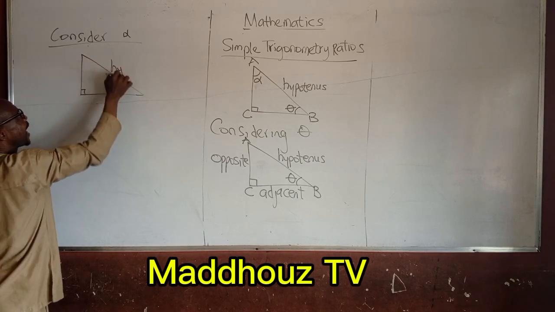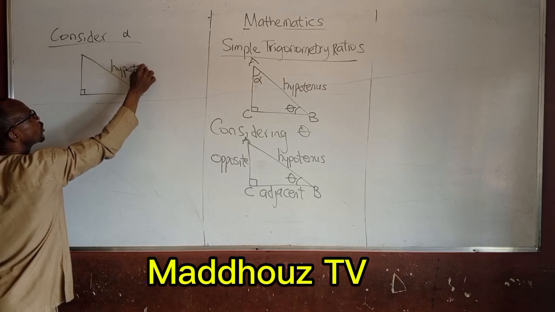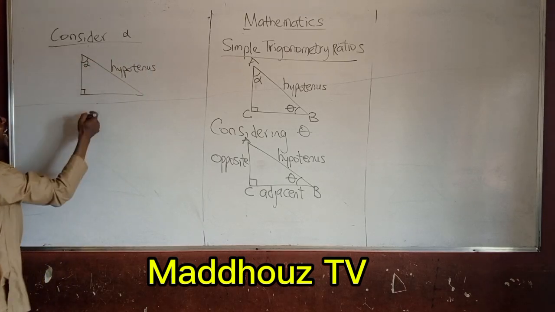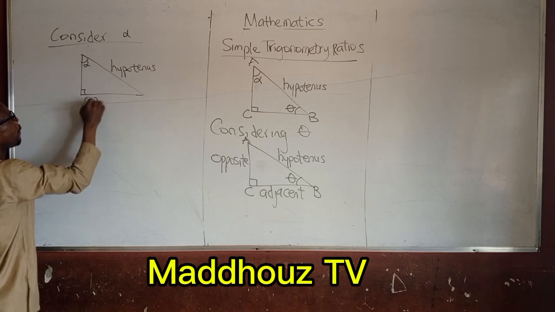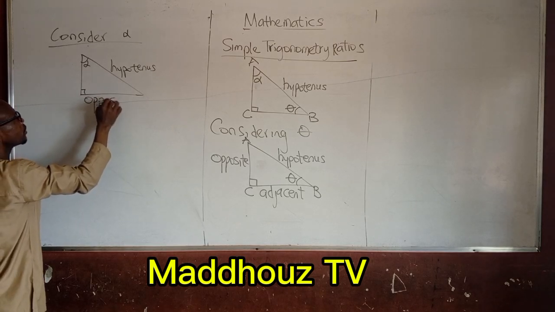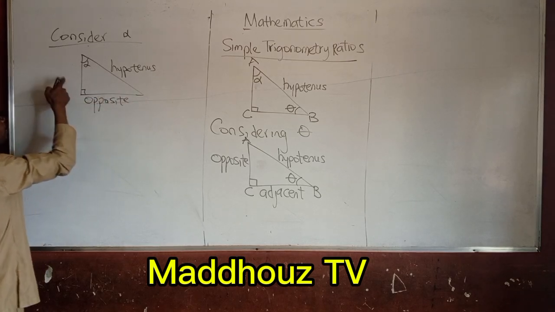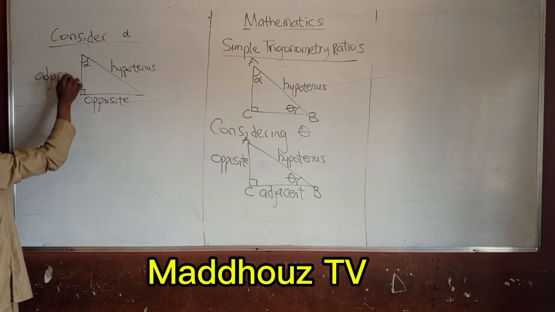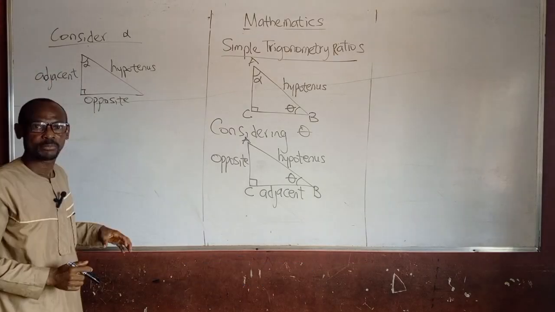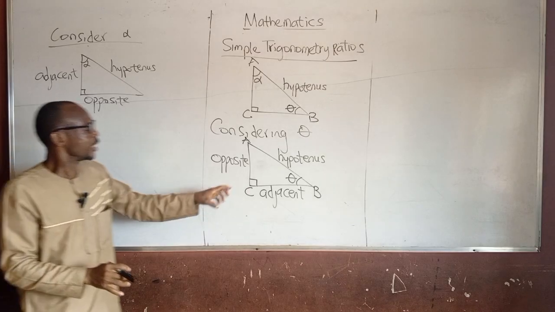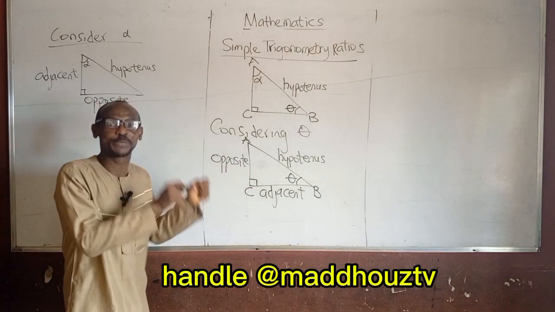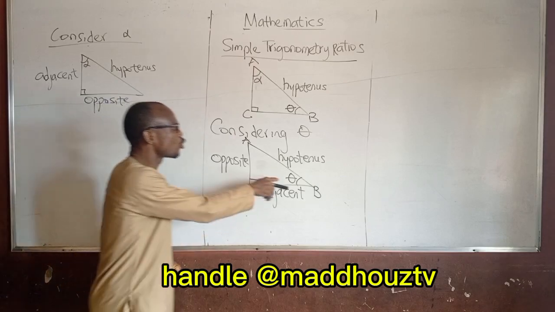This side na still hypotenuse. This na alpha now. Under alpha, here go come become opposite. And here become adjacent. So we now know say the adjacent and the opposite side e dey change depending on which angle we dey consider.